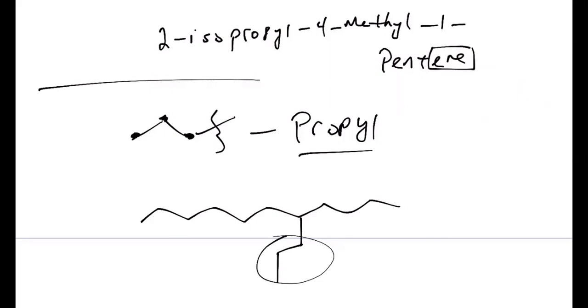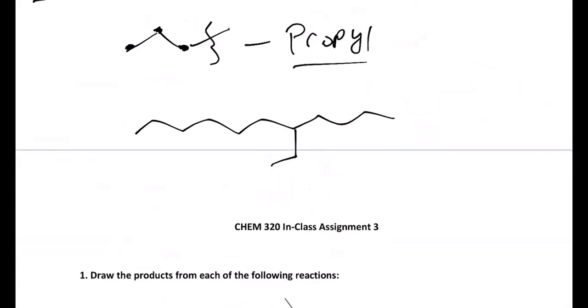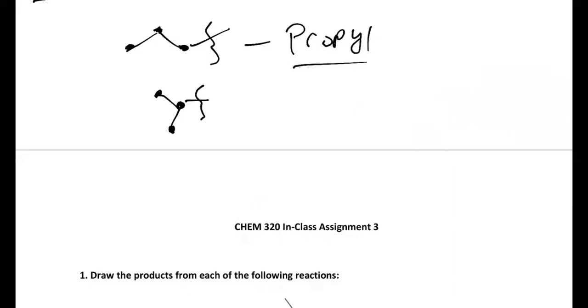But when you attach it at the middle carbon of the propane chain, so instead of being attached like that, it's attached like this, then that's when we call it isopropyl.